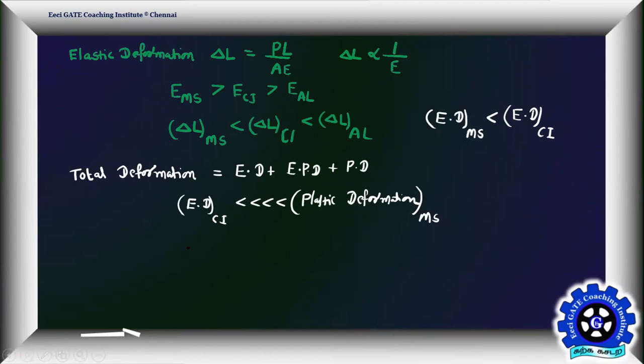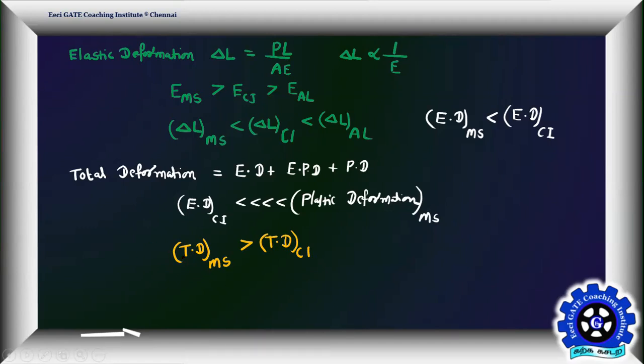We can write total deformation. This is the total deformation of mild steel. Total deformation of mild steel will be greater than the total deformation of cast iron. So coming to total deformation, mild steel is having more deformation.